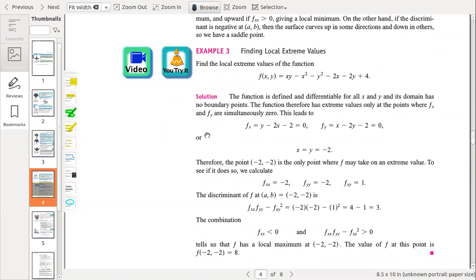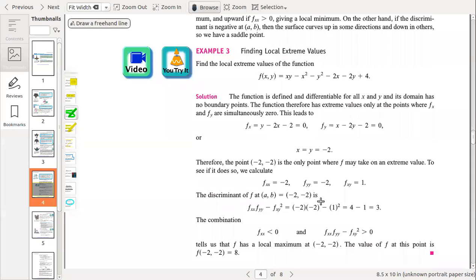This leads to partial f over partial x equal to 0, so we find an equation like y − 2x − 2 = 0. And if partial f over partial y equals 0, we have an equation of the form x − 2y = 0. Then we solve these equations simultaneously, and we get x = y = −2.